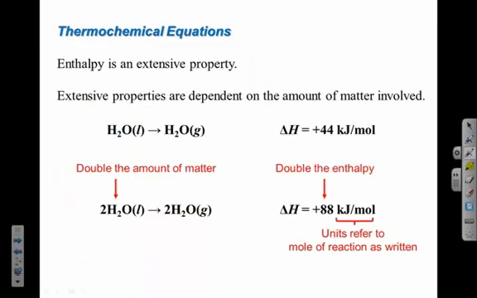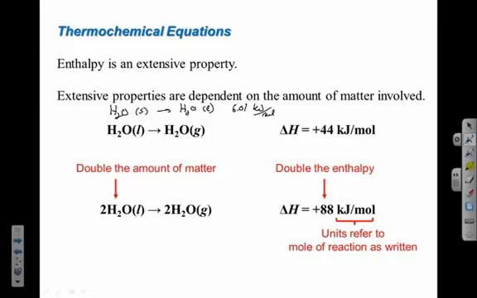So once I know that value, I know that it's proportional to the quantity of material as well. So that's what this slide is showing. If you recall, on the last 2 slides ago, going from water solid to water liquid, that was 6.01 kilojoules per mole of reaction.